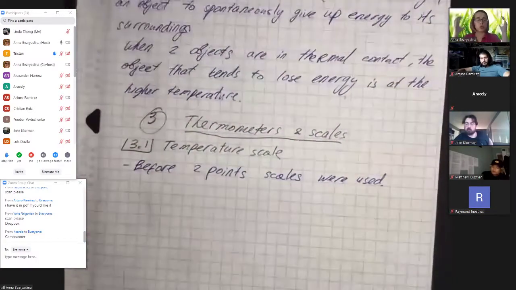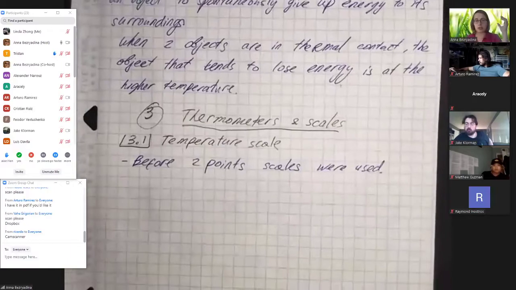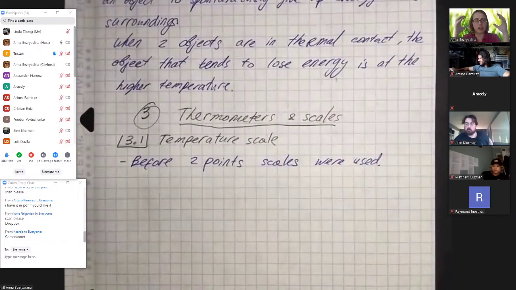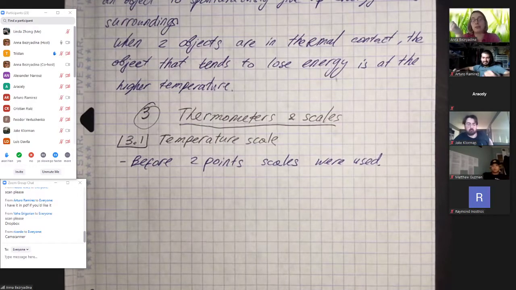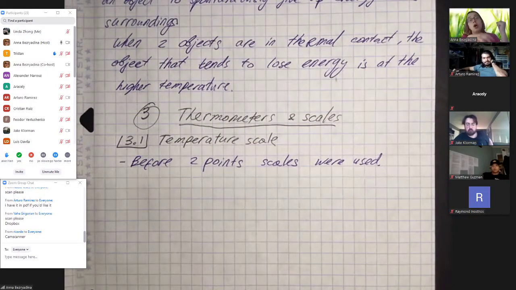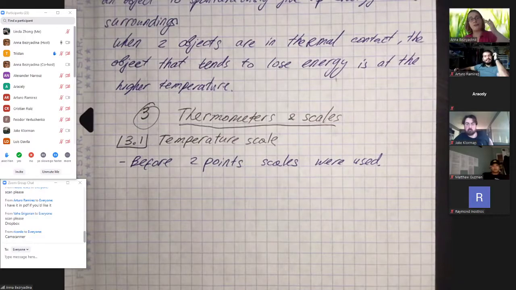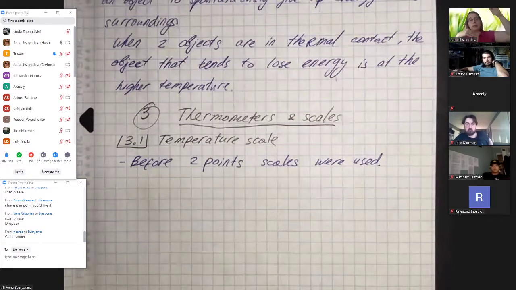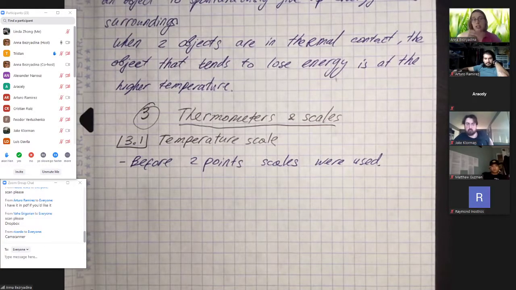So you choose two convenient temperatures, for example, two points of different phases of a material, like water when it's frozen and water when it's boiled. Then we define, in our case, 0 for Celsius when frozen and 100 when it's boiled. Then we have a hundred grade subscales between them, and this is how we grade it out.